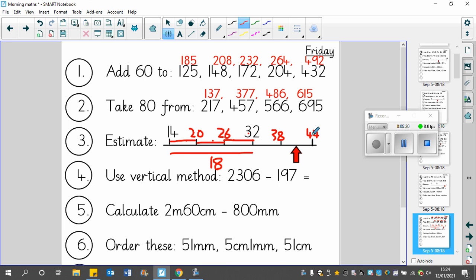Now, this, I've just realised, is going to be a bit easier than before, because 38, 39, 40, 41, 42, 43, 44. So therefore, the arrow is actually on the 41 mark, isn't it?